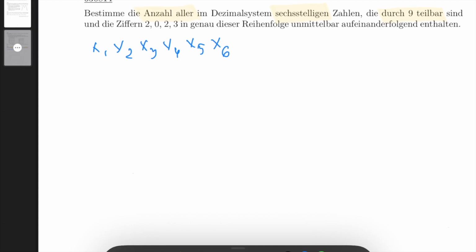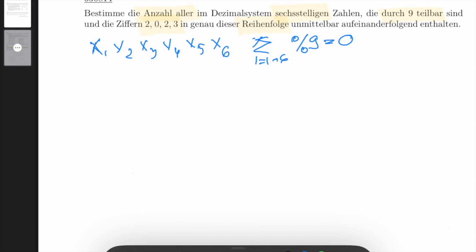So by the rule of dividing by 9, the sum of digits from i equals 1 to 6 should be divisible by 9. We also have a limitation that among all these digits we should have 2, 0, 2, 3 in the correct Reihenfolge, in the correct order.